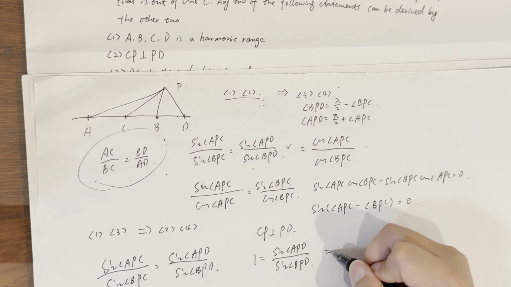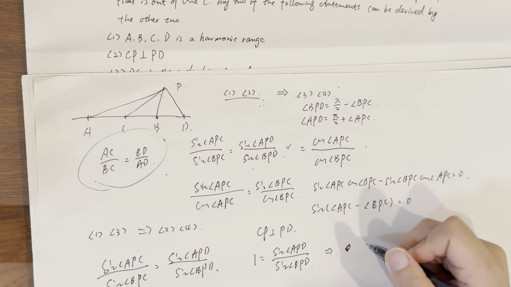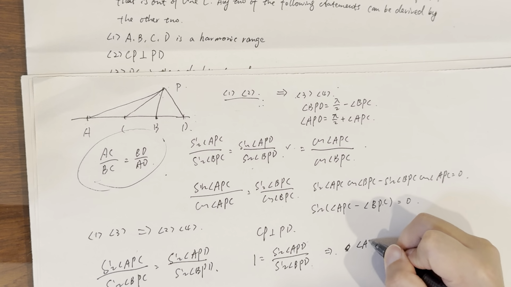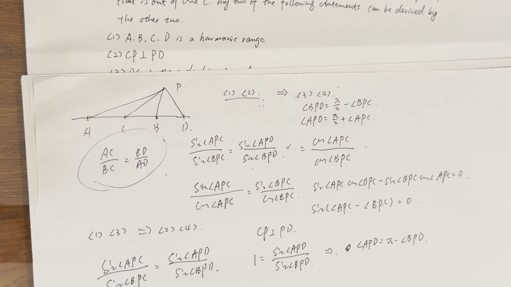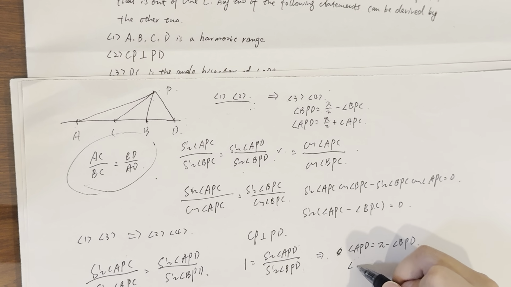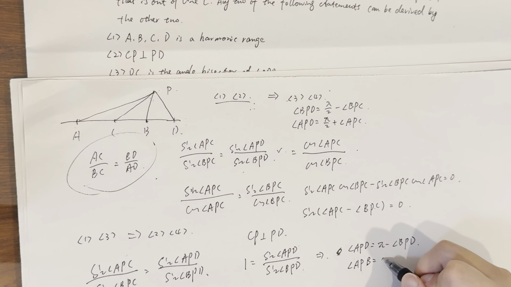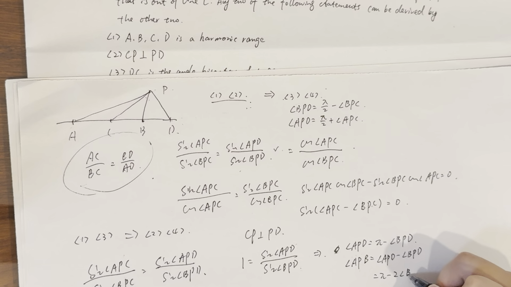That means angle APD equals pi minus angle BPD. Right, angle APD equals pi minus angle BPD, which means angle APB equals angle APD minus angle BPD equals pi minus twice angle BPD.